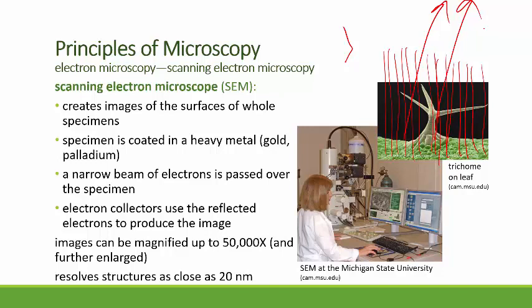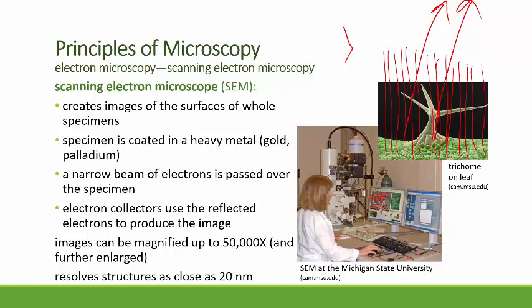And so you see across the screen this image as the electron beam passes across the structure. You can watch the structure as it moves underneath the beam of electrons.